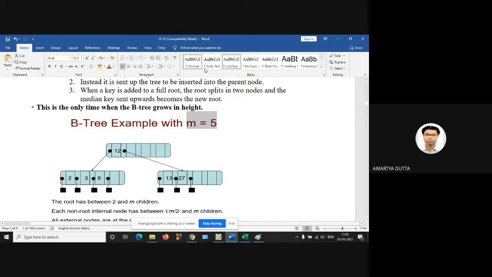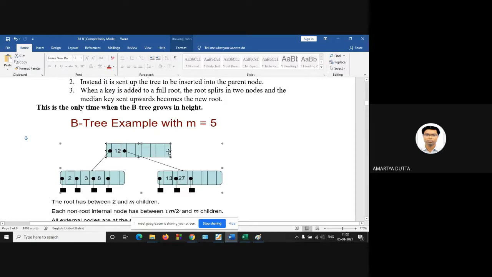So let m be 5. So this is 1, 2, 3, 4, 5. Is the cursor visible to you? Yes, sir, it's visible. So this is the first child, second child, third child, fourth child, and fifth child.